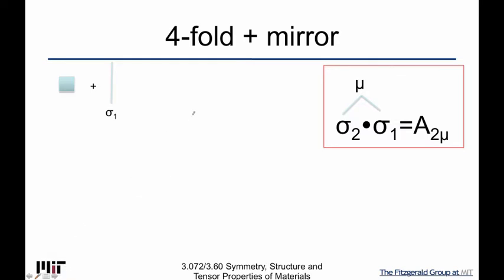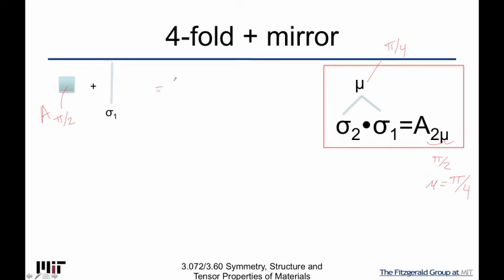If we go through this, remember that we're doing rotations of pi over 2, so our element here is pi over 2. That means mu equals pi over 4, which is 45 degrees.